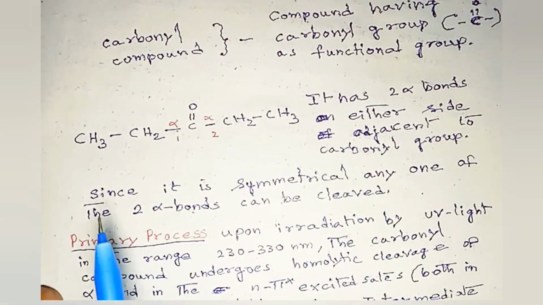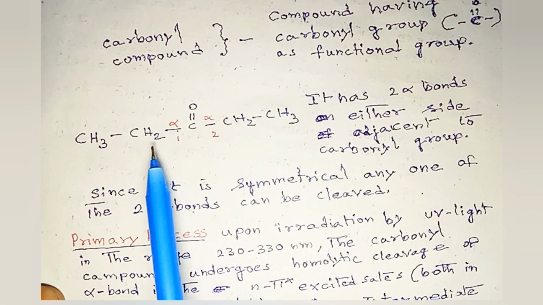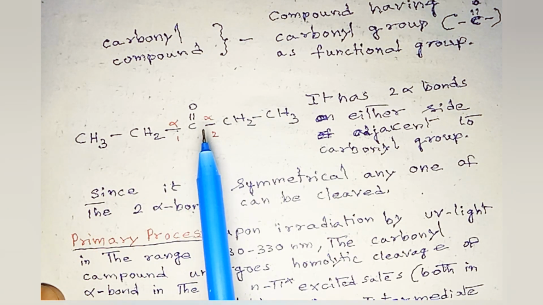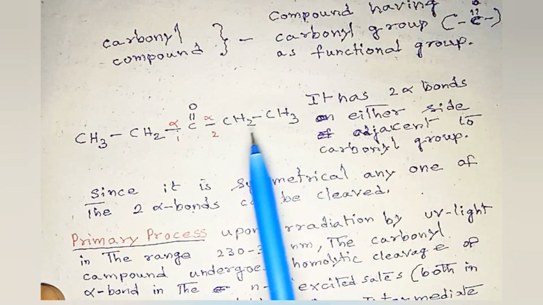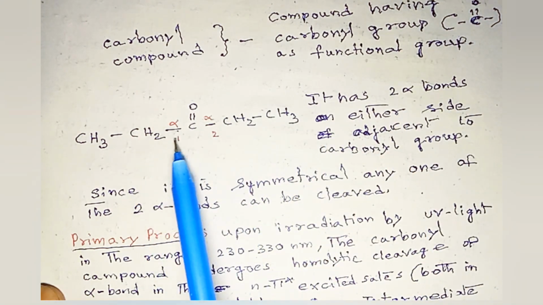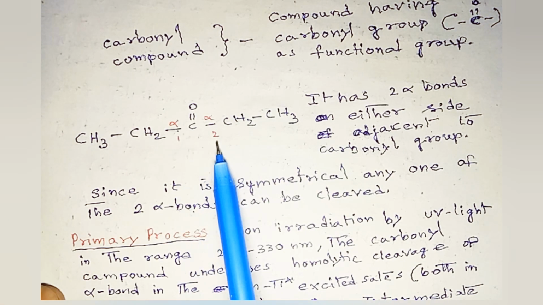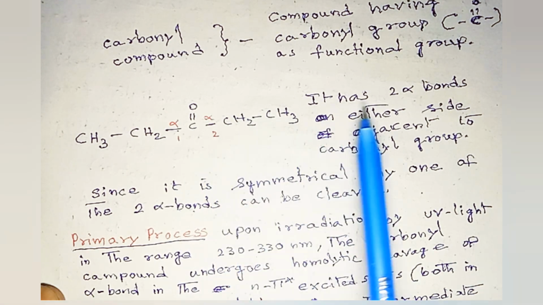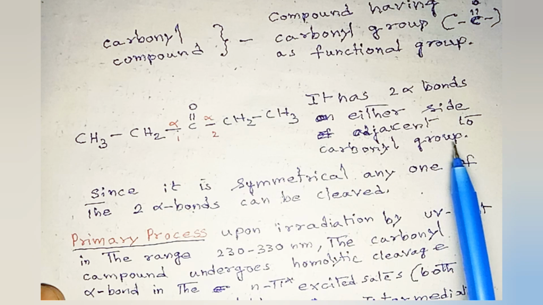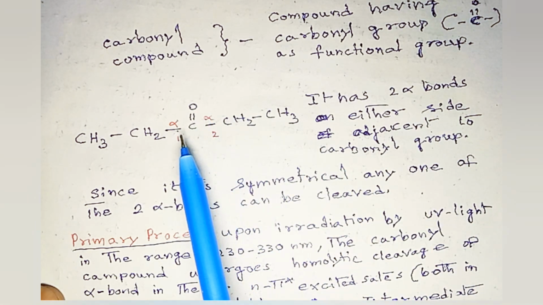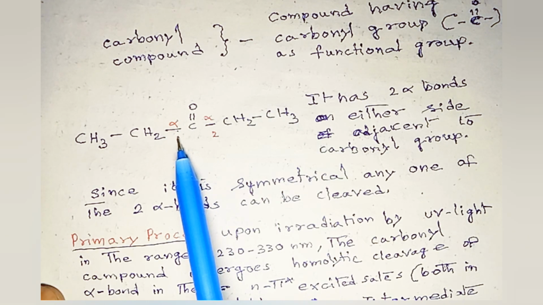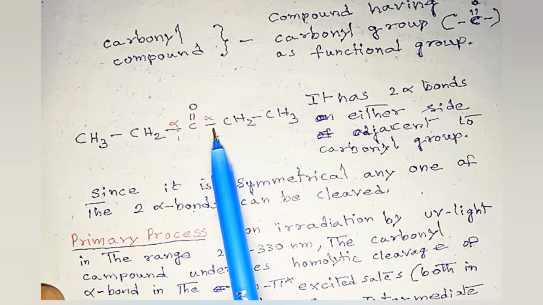This compound, CH3CH2 C double bond O CH2CH3, has 2 alpha bonds. This is one alpha bond and this is another alpha bond, on either side adjacent to the carbonyl group.